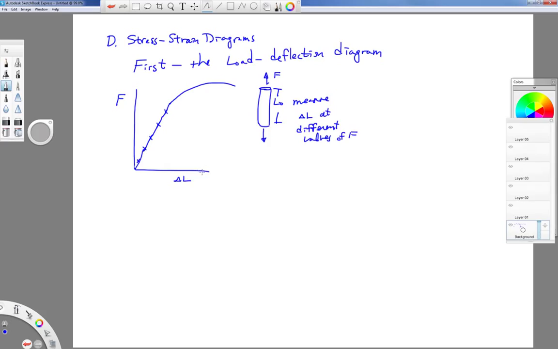All right, so this is the force deflection diagram.